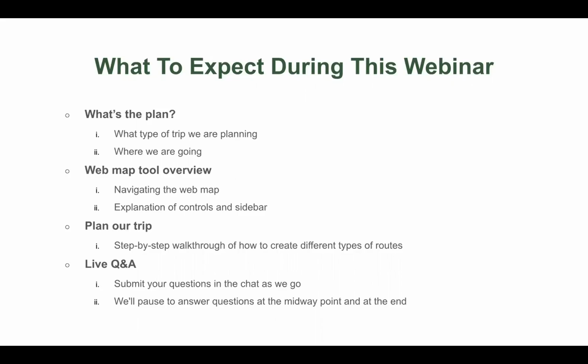This is when we'll be doing a step-by-step walkthrough of how to create different types of routes. And finally, as Chris said, we'll be doing a live Q&A here at the end. Again, as he said, submit your questions into the Q&A section throughout. If necessary, maybe we'll pause at the midway point, but likely we will stop at the end to cover as many questions as we can.